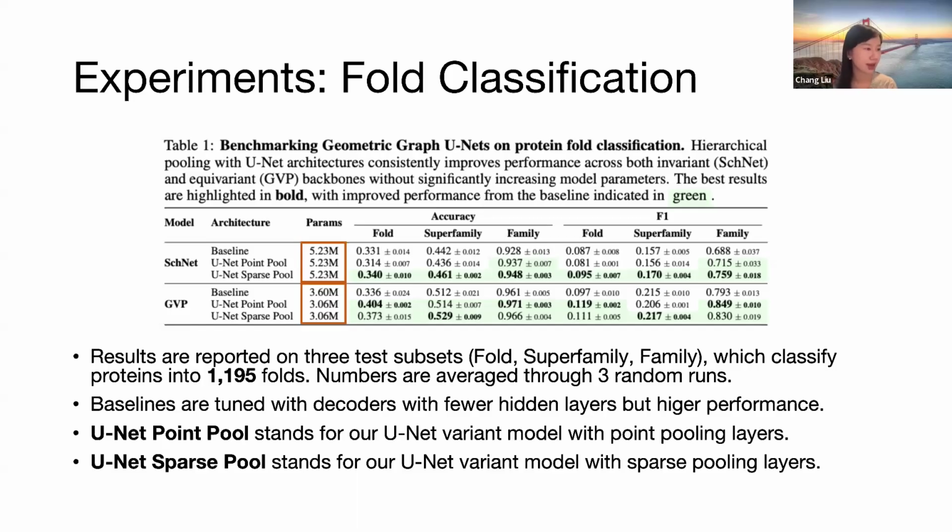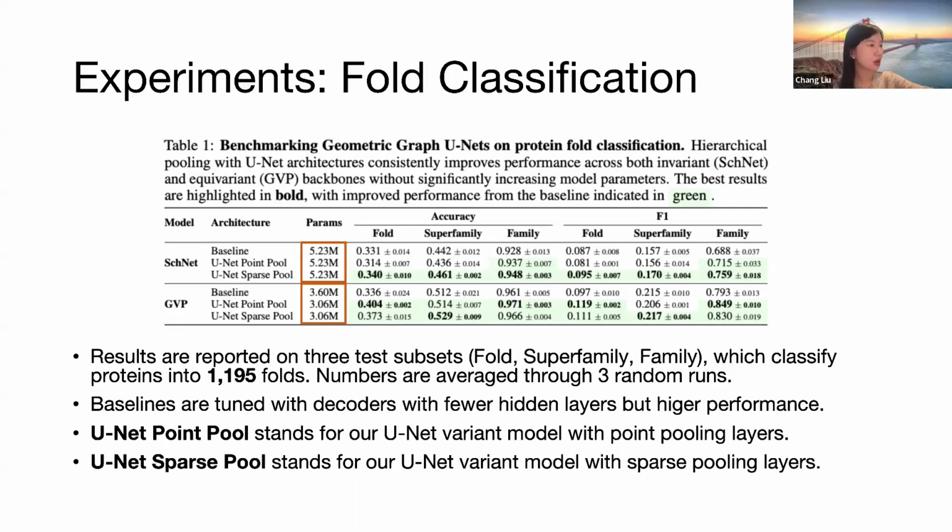which can achieve the overall best performance. And I have to emphasize one more thing, that for a fair comparison, we also reduce the parameters in our variants so as to make sure that our UNet models maintain exactly the same or fewer parameters than the baselines, like SheNet or GVP.